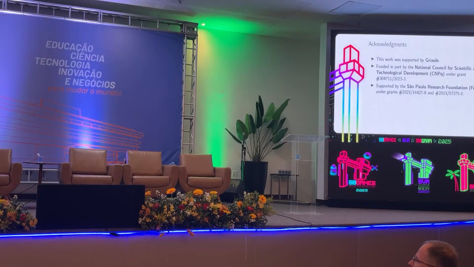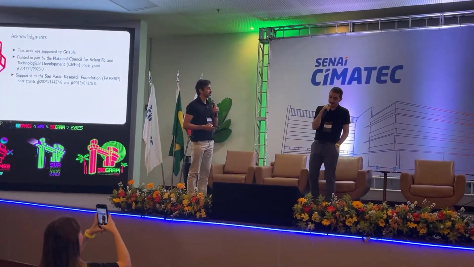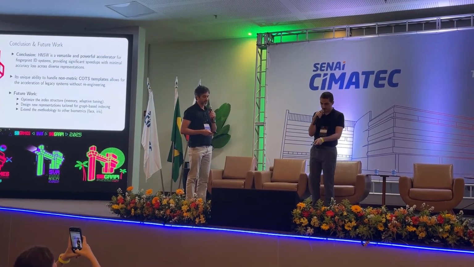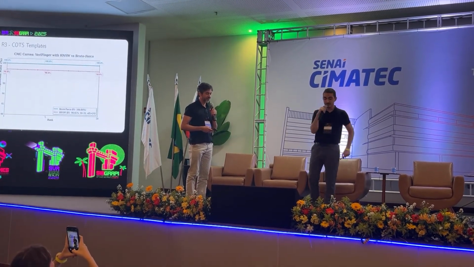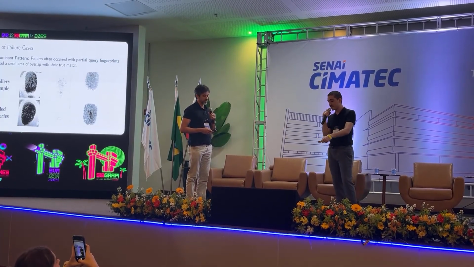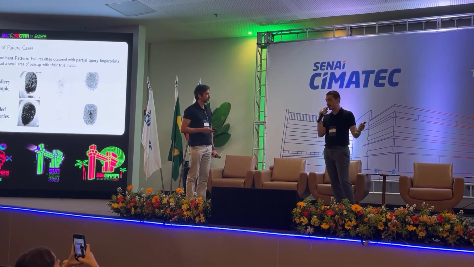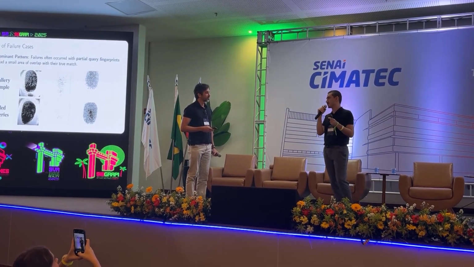Okay. Do you have any explanation for the mistakes made by your system? Yes. Actually, because of the low overlap between the fingerprints, the search process in the graph converges to a local optimum.